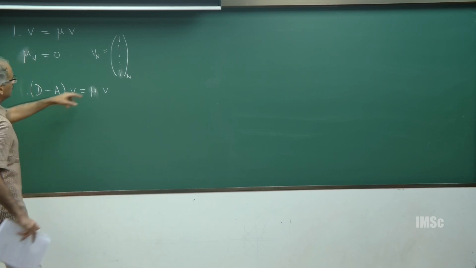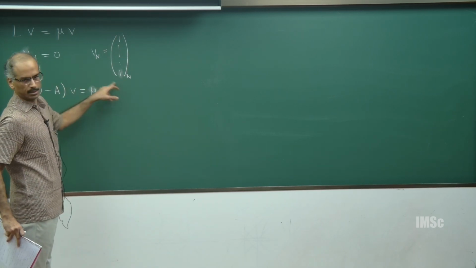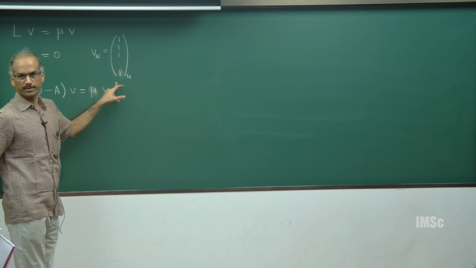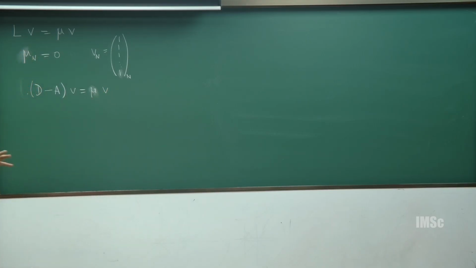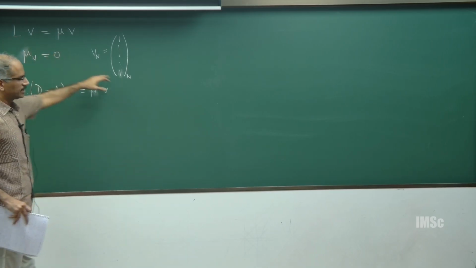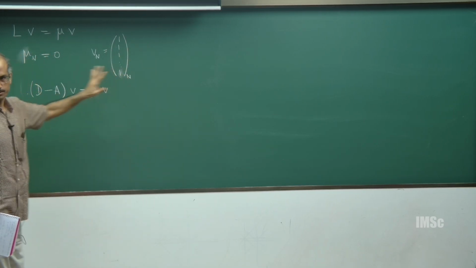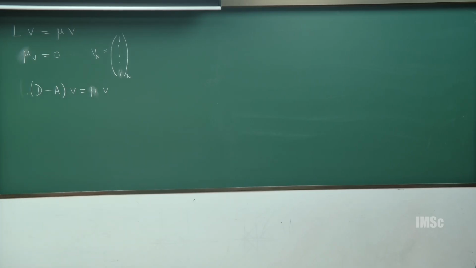So in other words, the fact that you have the eigenvector to be like this basically means that the eigenvalue 0 tells you something that's common about all the nodes on the network. So you compute the Laplacian, examine the first eigenvalue, and it's guaranteed to tell you something common about all the nodes.